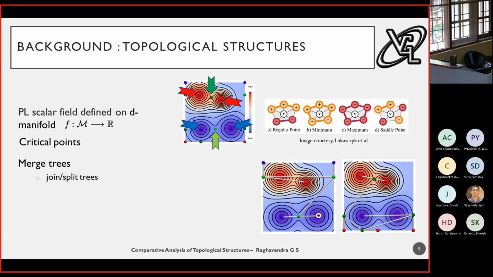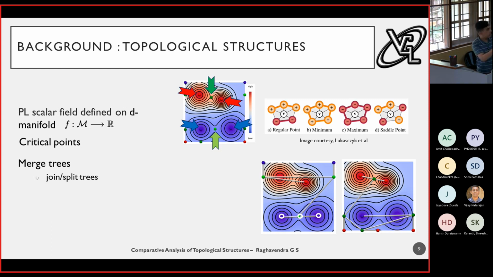When we pass that lowest function value, we encounter this minimum and a component is born. When we increase the function value a bit, the component grows, and meanwhile we also find another minimum where another component is born. These two components keep growing, and at some point they merge. This merging happens at this saddle point, and now we have an order of these critical points in the way they appear. First the minimum on the right appeared, then the minimum towards the left, and then the saddle.